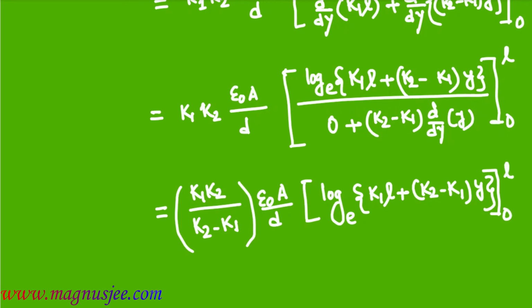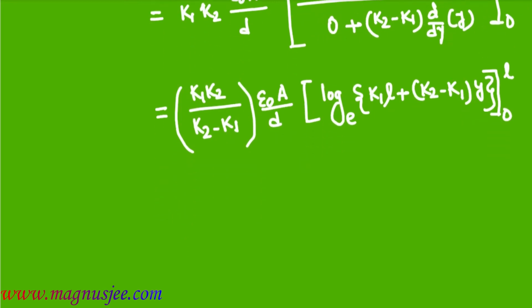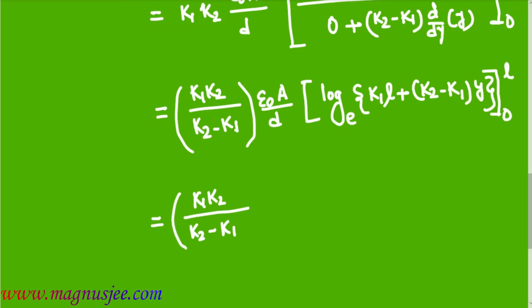Now putting the upper limit and lower limit, that is putting the value of y as l and y equal to 0. k1 k2 divided by (k2 minus k1), epsilon 0 A divided by d.